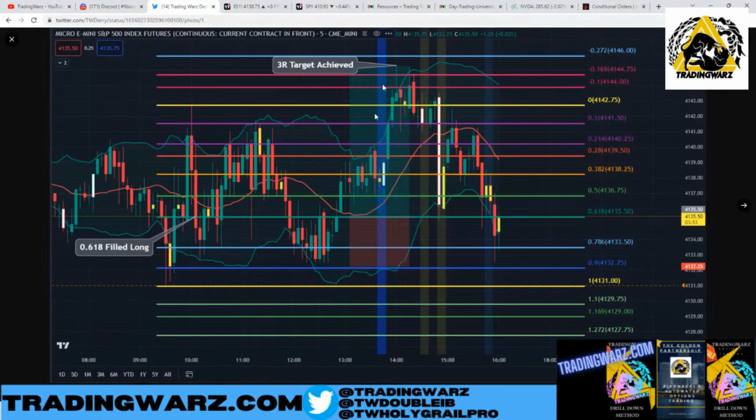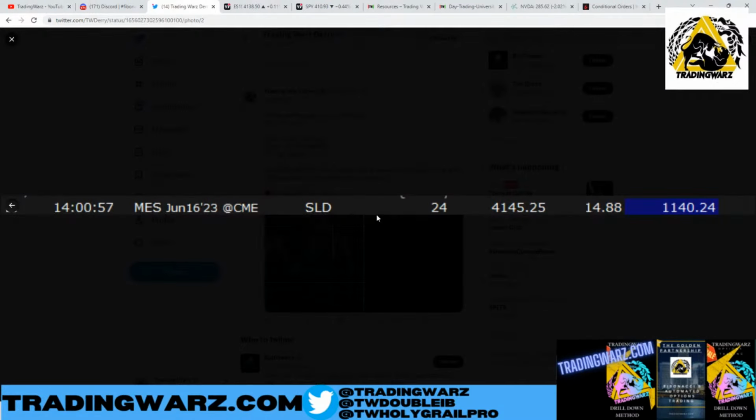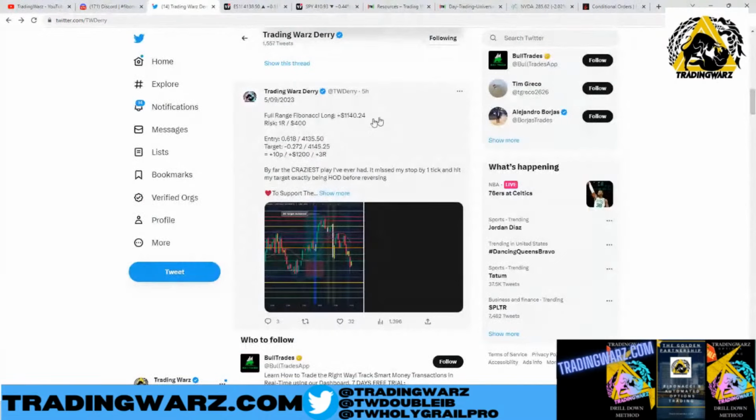You can see that. That's a 3R target. 3 times your money, guys. This is actually a little bit crazy. So 0.618 entry, 90 stop, and the 3R target is kind of scary because it was pretty much the high of the day. And you can see right here. So that one is a good one.